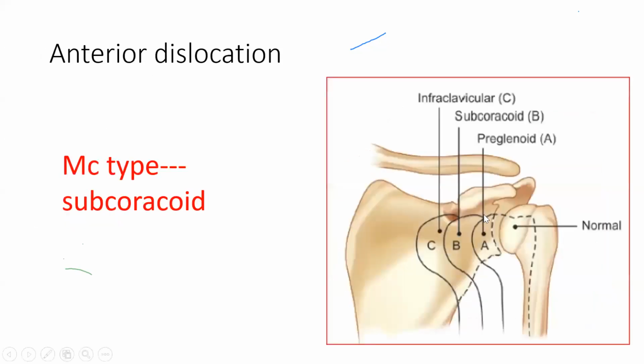Now in anterior dislocation there are three types. You have to remember glenoid, coracoid and clavicular.